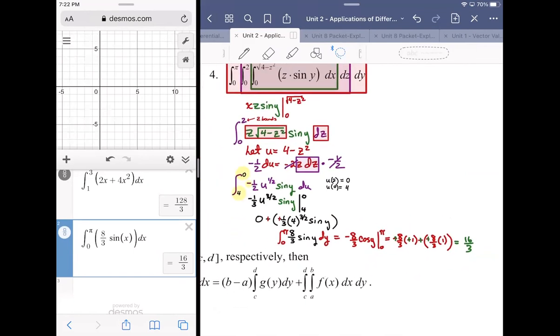All right. So that one's a little bit more involved, obviously. A lot going on there. But really having nothing to do with the Calc 3 of it, having more to do with the Calc 2 of it.